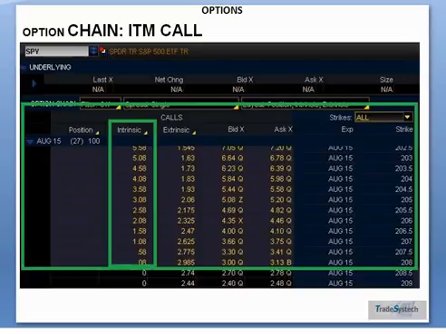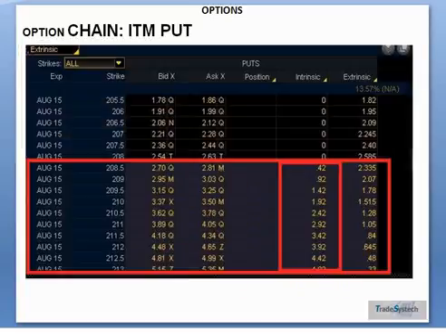That's for the call. Same thing for the put. That's the option chain for the put. The quotation of SPY is always 208, and by increasing the strike, you see how the intrinsic value increases as well.